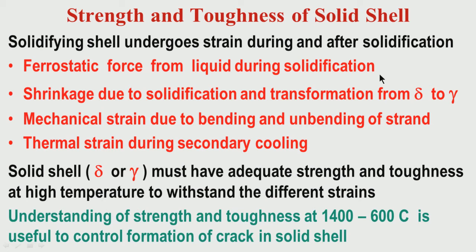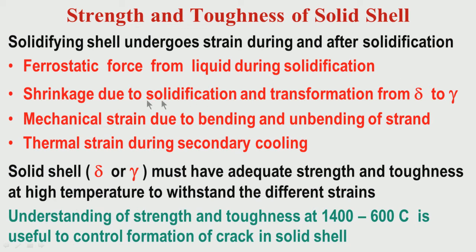When solidification is underway, there is liquid in the strand. So this liquid will create ferrostatic pressure on the solid shell. This shell will be pushed towards the mold when the strand is inside the mold.